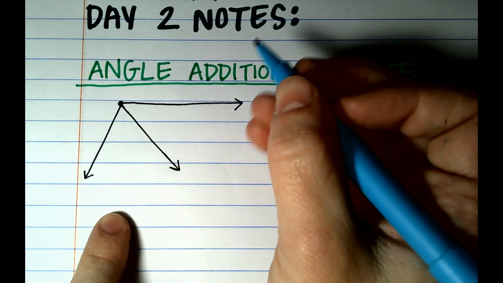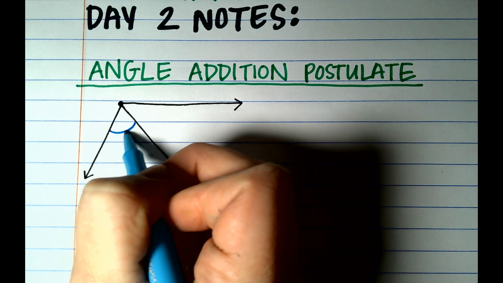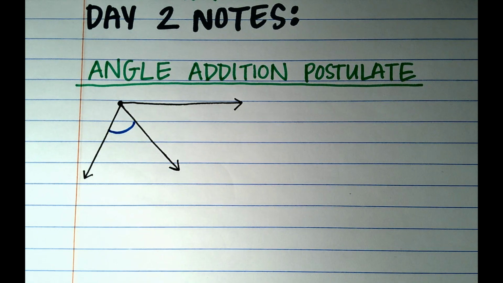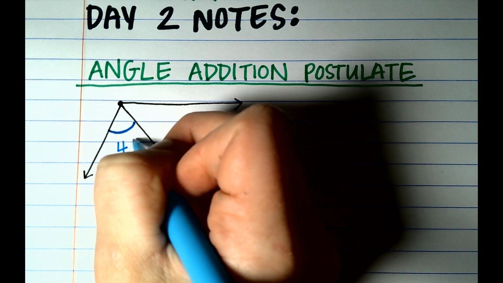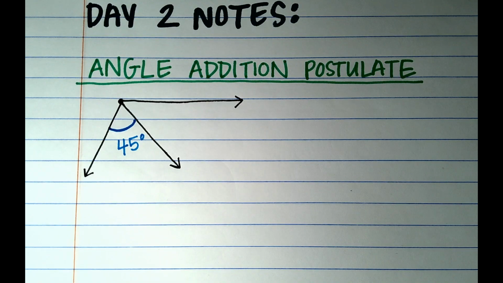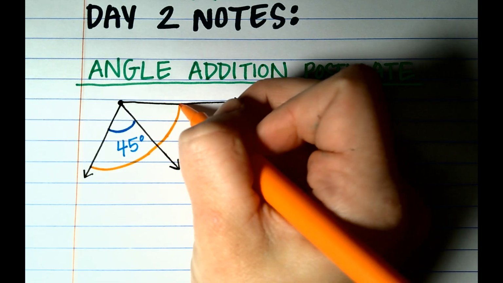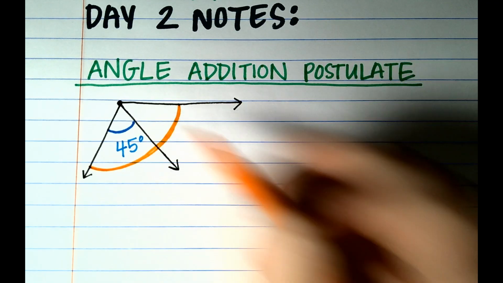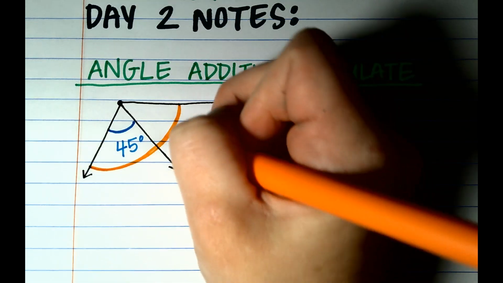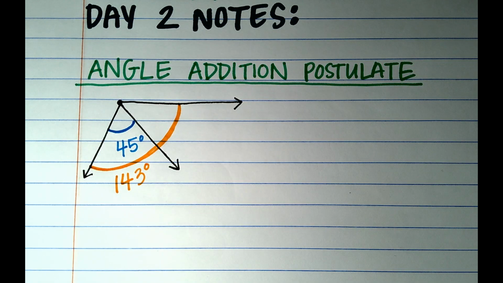What if I told you that the angle right here facing kind of downward was about 45 degrees? I also told you that this whole angle, both the angles put together, is, I don't know, 143 degrees.